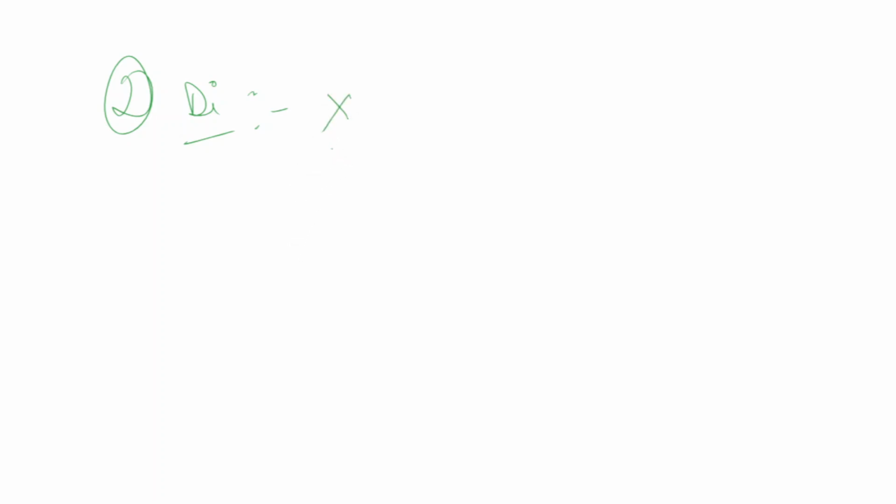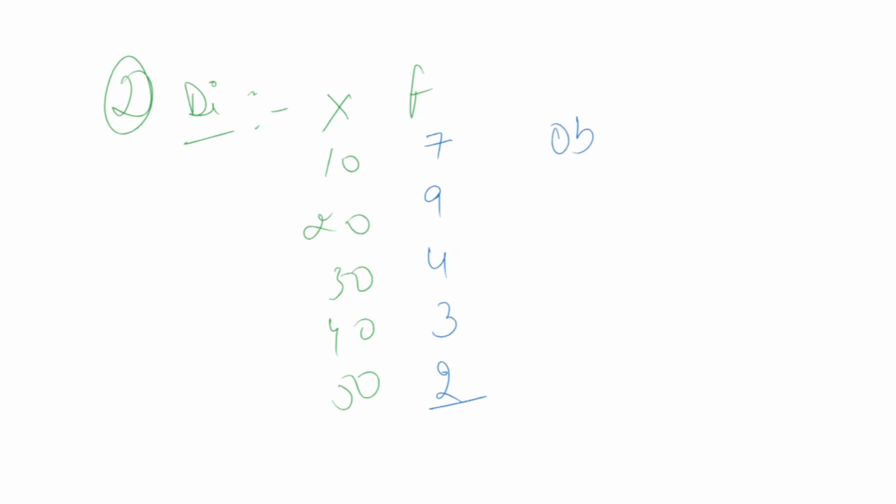Suppose x is given as 10, 20, 30, 40 and 50, and the frequencies given are 7, 9, 4, 3, 2. Just by observing, you can tell that 20 is the number occurring the maximum number of times. So the mode for this is 20.